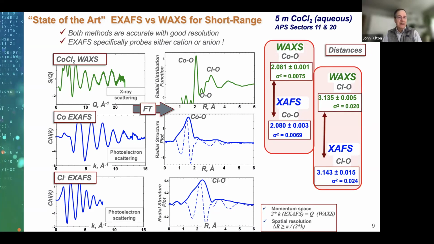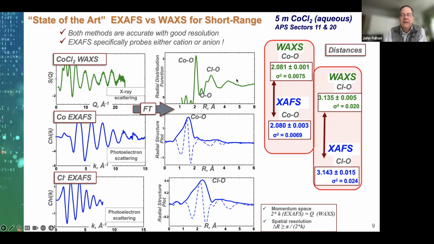The thing that's probably not as well understood, at least for these aqueous systems, is that the spatial resolution for XAFS is typically much higher than what you can get from wide-angle X-ray scattering. The measurement of these oscillations out into Q or K space in XAFS is typically to a much higher momentum parameter than in X-ray scattering. So there's an advantage with XAFS: better spatial resolution.